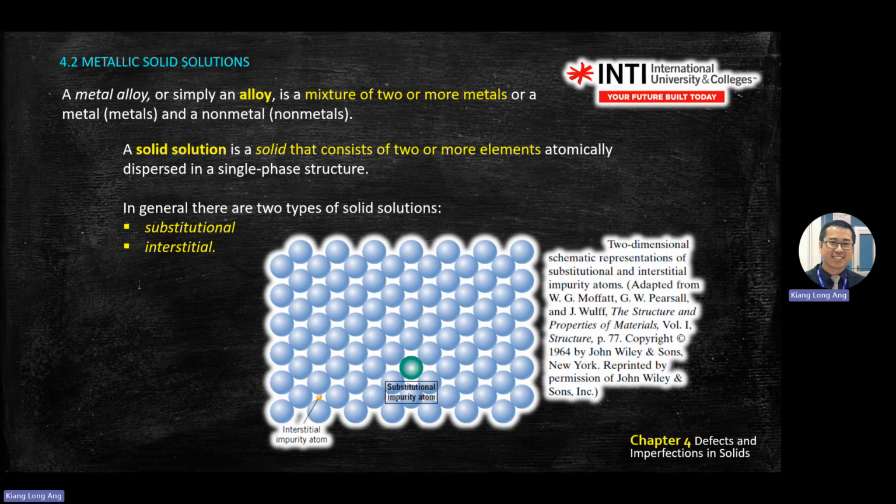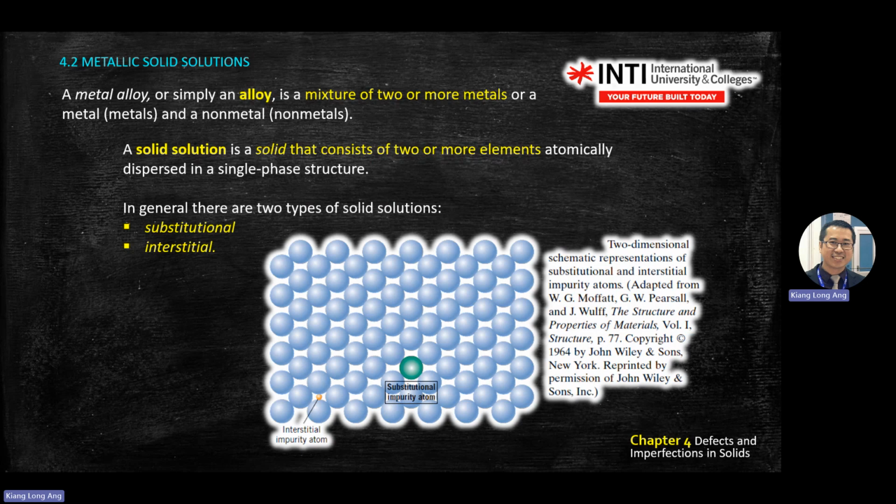Another one is called interstitial. Interstitial is like putting a spy inside the space there. You put in, not substitute, but an additional atom inside there. This is called interstitial or impurity atoms.